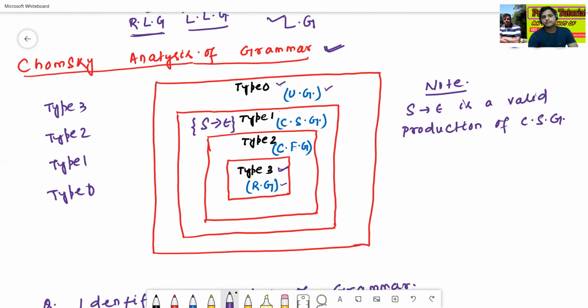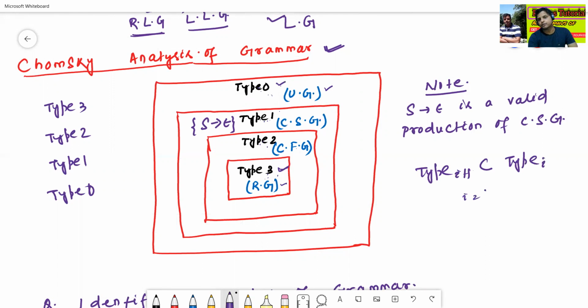Here, type 3 grammar, meaning regular grammar, is a subset of type 2, type 1 and type 0 grammar. Type 2 grammar is a subset of type 1 and type 0 grammar. Type 1 grammar is a subset of type 0 grammar. That means type i+1 is a subset of type i.